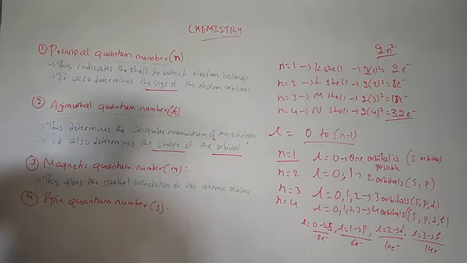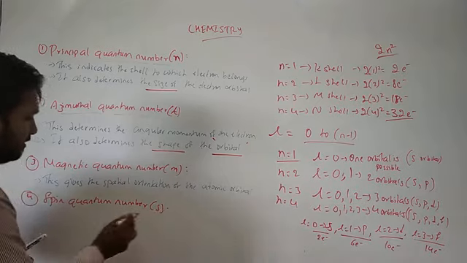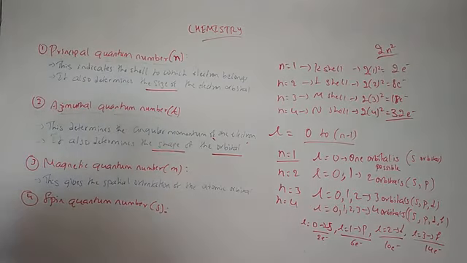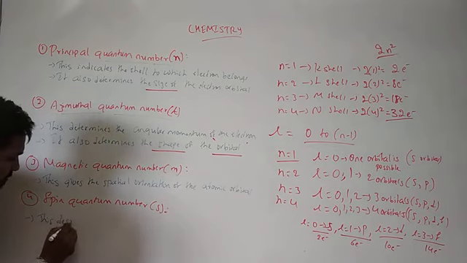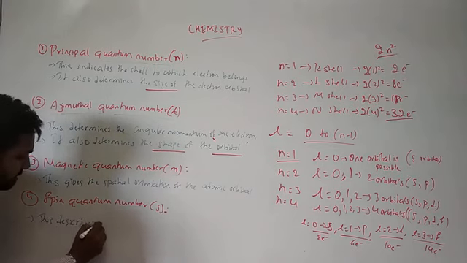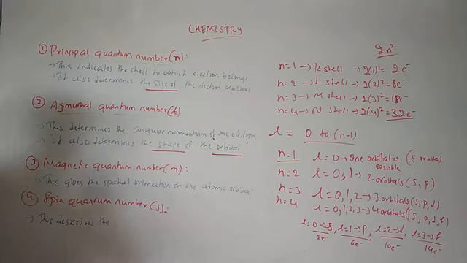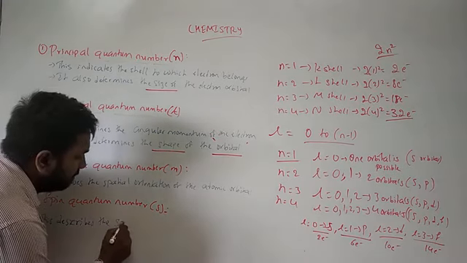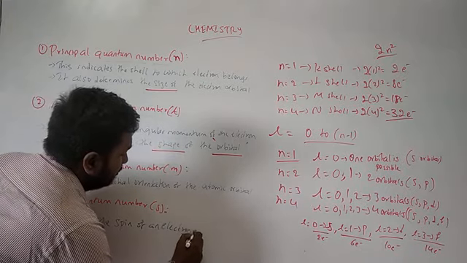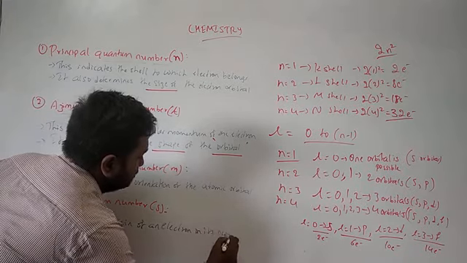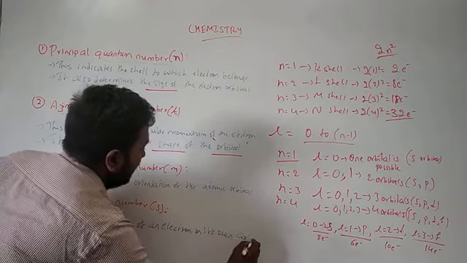It is represented by S. This spin quantum number describes the spin of an electron on its own axis.